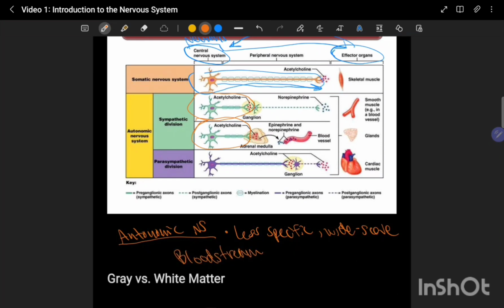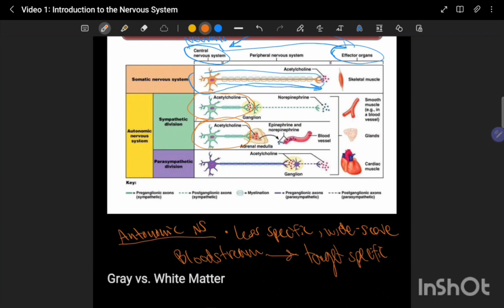They don't travel all the way there using this neuron and this really long axon like we have in the somatic nervous system. So hopefully that makes sense. All of that goes to say our somatic system is really specific to the target organ, whereas our autonomic nervous system is going to have more widespread effects in the body.